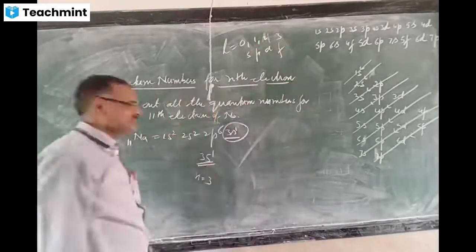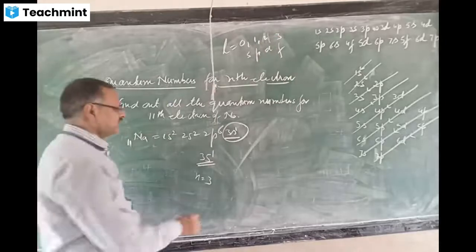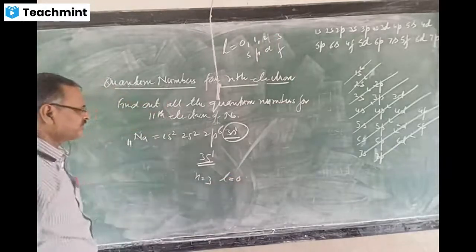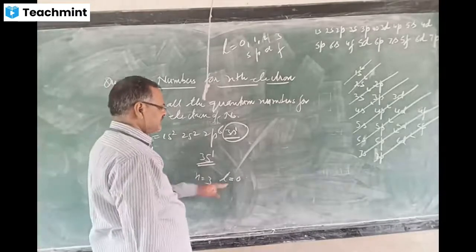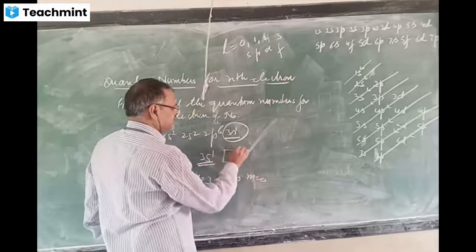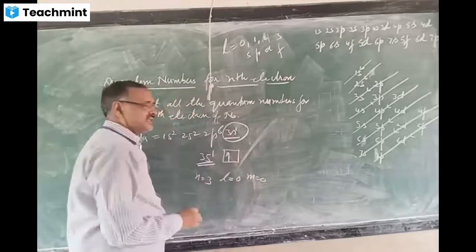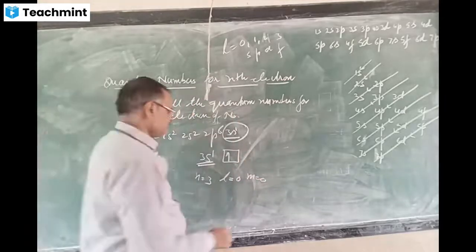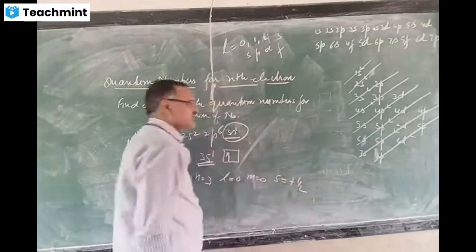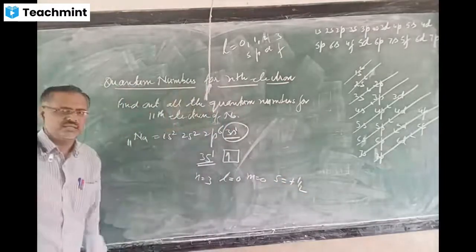This is the s subshell. What is the value of l? 0. For l equal to 0, m will also be 0. And you see this electron is in the clockwise direction, so s will be plus half. Such questions are also possible.